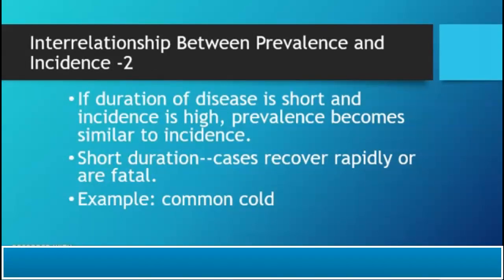Short duration, when cases recover rapidly or are fatal, is an example of where duration can be short. The common cold can be a good example of where prevalence and incidence are close to each other.